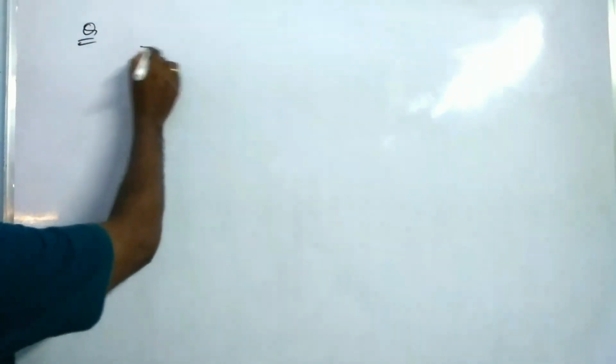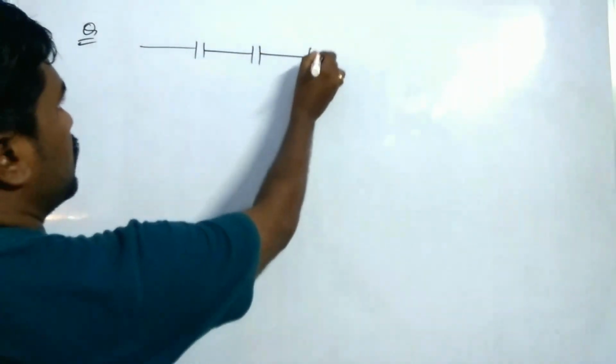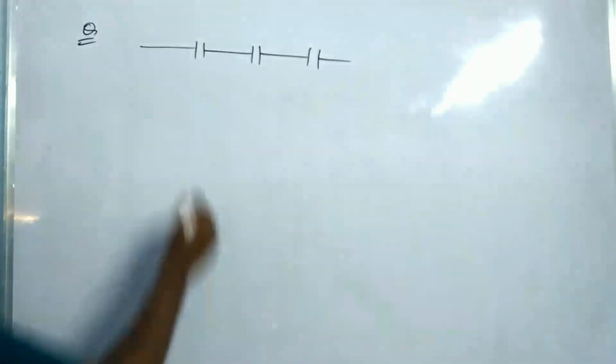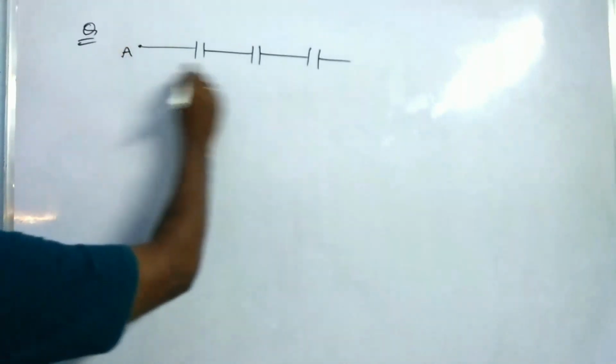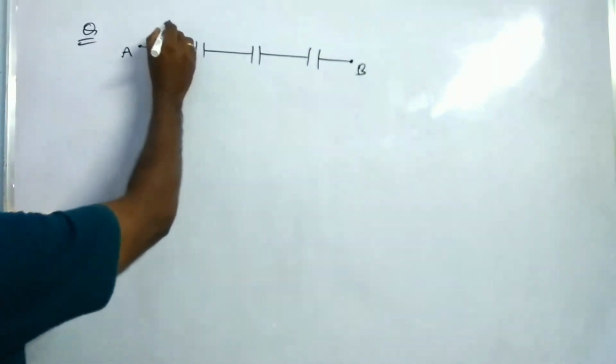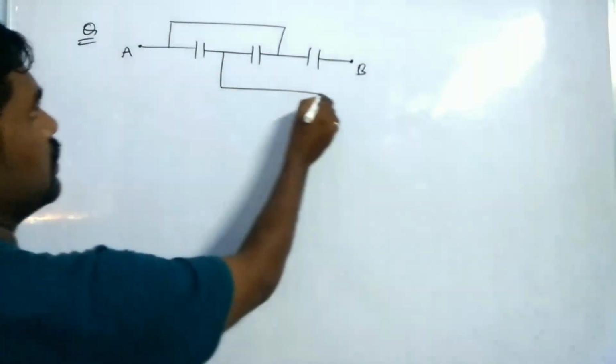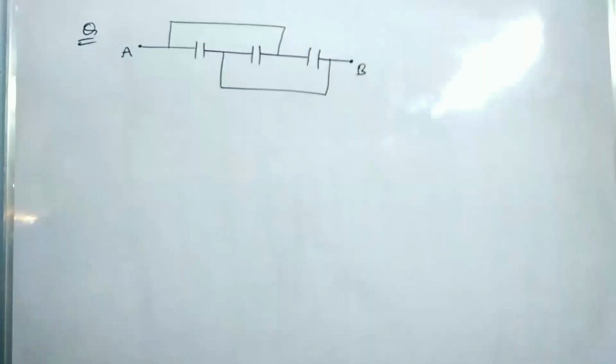And here there is a capacitor. There are 3 capacitors here. This is point A, this is point B. So this is the connection, and this is the earthing, right?